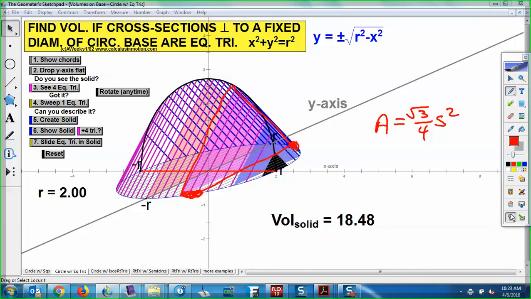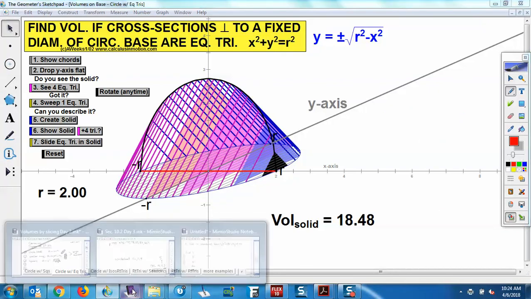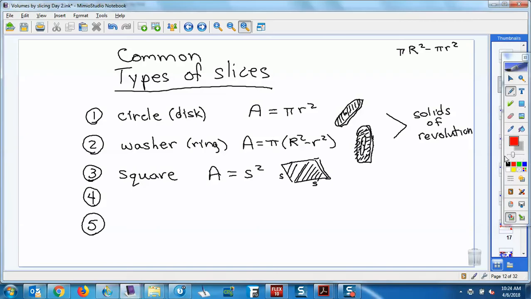Okay, so we're going to add that to our list of slices. Equilateral triangle. The area is square root of 3 over 4 times s squared. And so here's your picture, like so, where s is the sides.